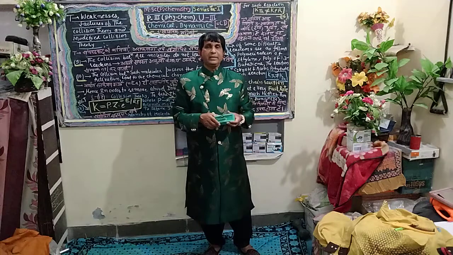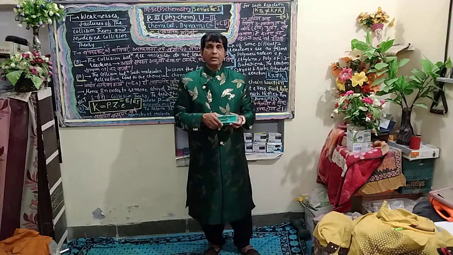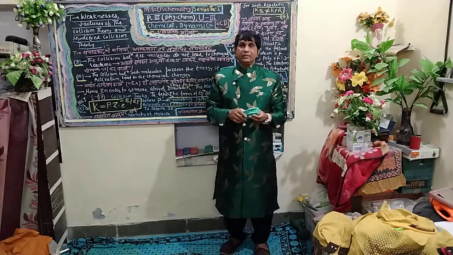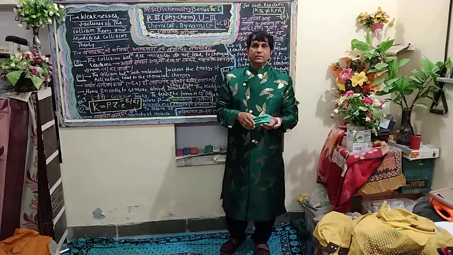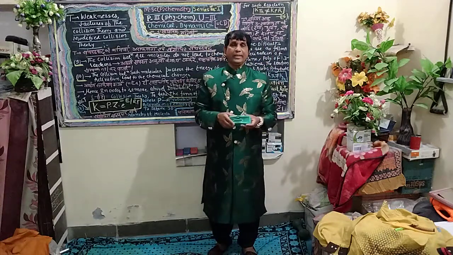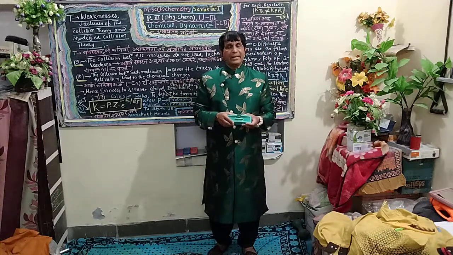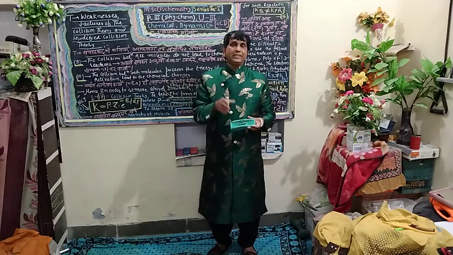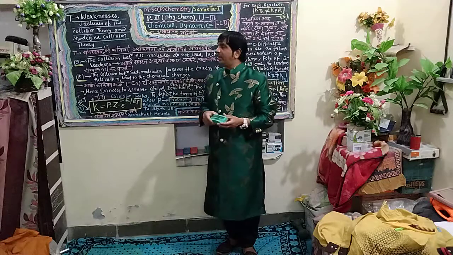When ZAB is calculated, it is multiplied with the next important factor, which is expressed in terms of e to the power minus E upon RT.